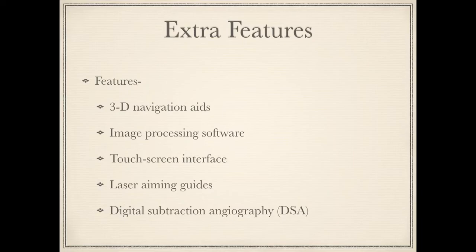Now, moving on, depending on the type of machine you have, your machine may or may not have some extra features which can help you perform the procedure or get a better image. You can have 3D navigation aids, you can have advanced image processing software which can make your image really, really clear. You can have laser aiming guides.